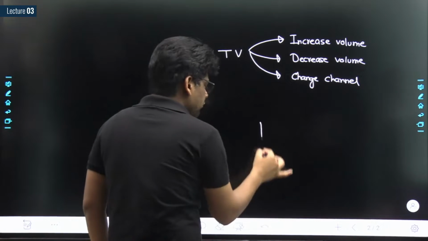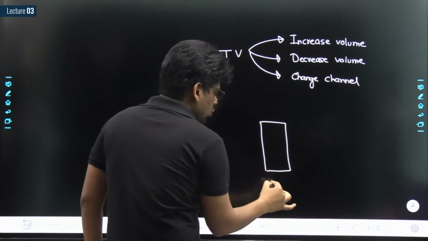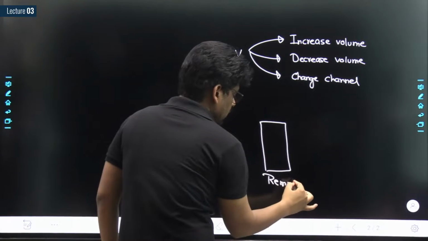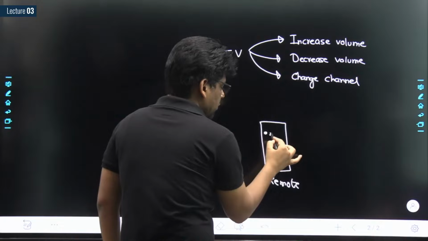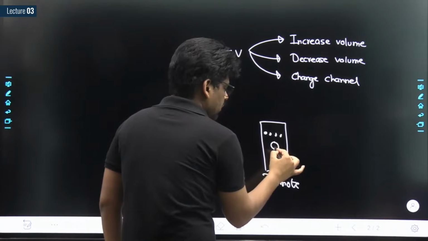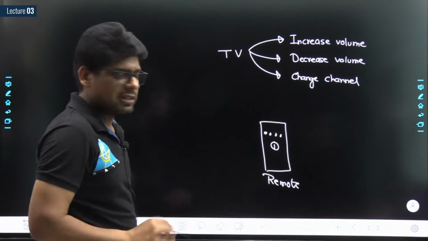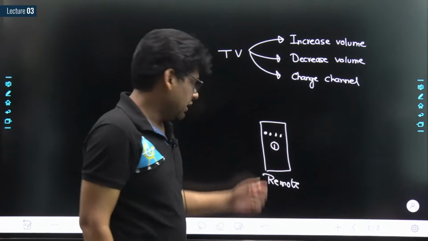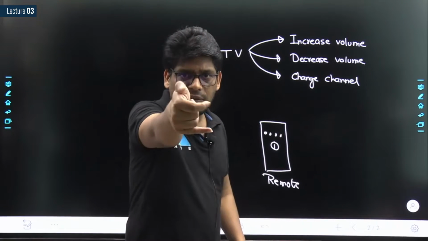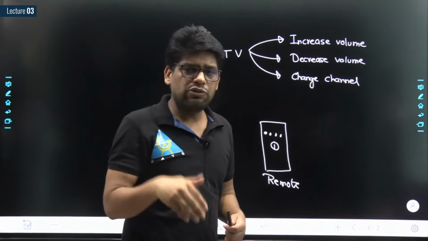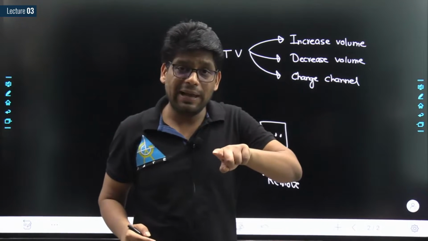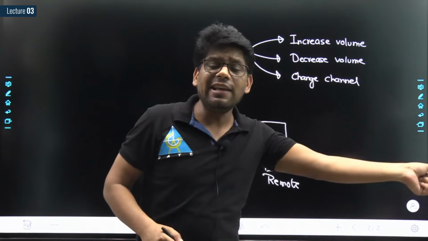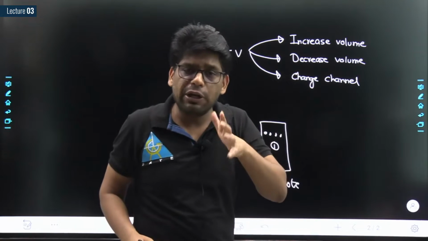Sir, along with TV, what do we get? We used to have a remote. Am I right or not? Sir, whenever we click on some button, actually what happens? In the background, some functionality is attached with that particular button.